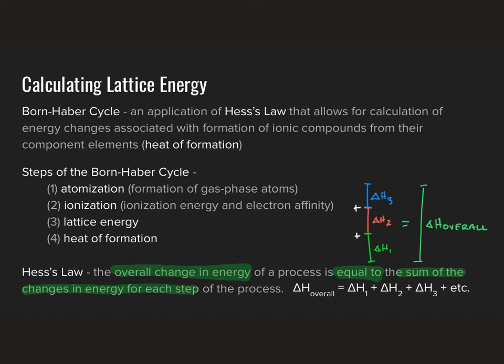And in general, to break down the Born-Haber cycle process, there are really 4 parts that we need to be aware of. Each of these parts may be made up of multiple different steps, but in general, the 4 big overarching parts are, number 1, atomization. That is, we need to take whatever species we've been given and form from those species gas phase atoms.